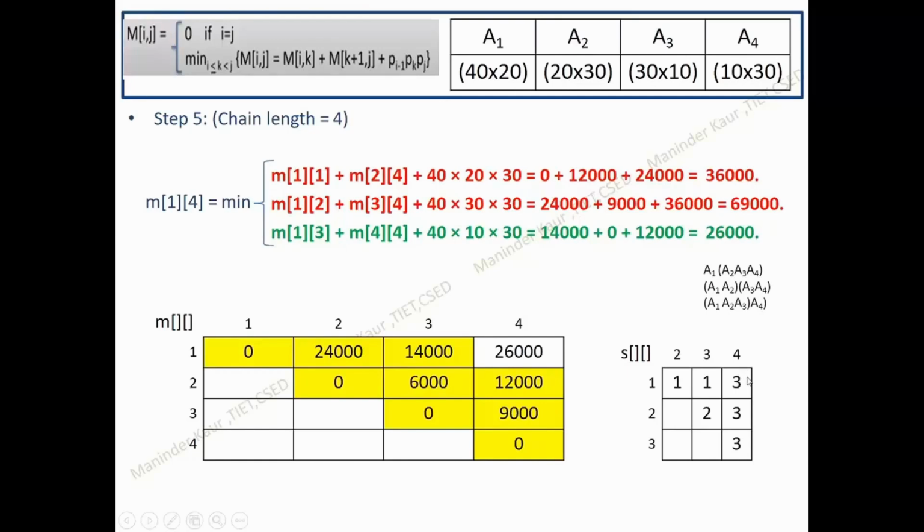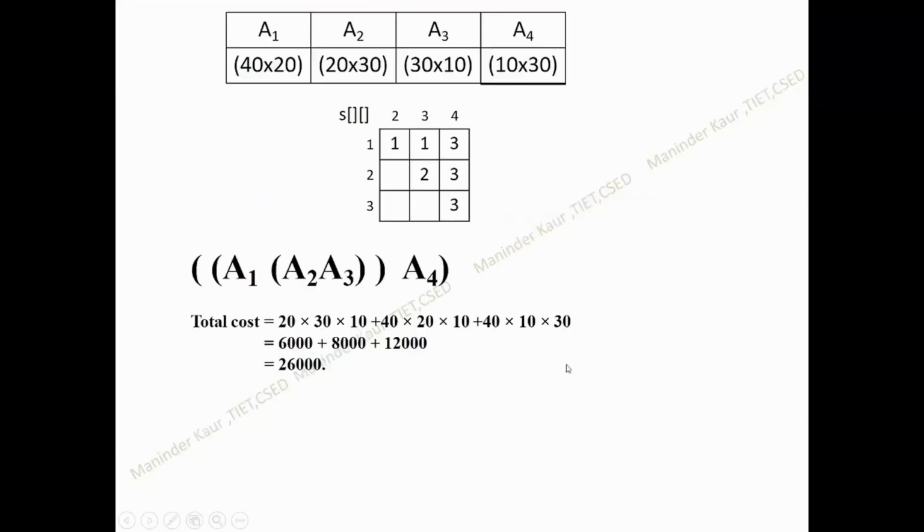Now what is the order? Now you got the minimum number of multiplications. What is the ordering of the matrices, in which order should the matrices be multiplied to get this minimum count of multiplications? How to retrieve that from the S array?